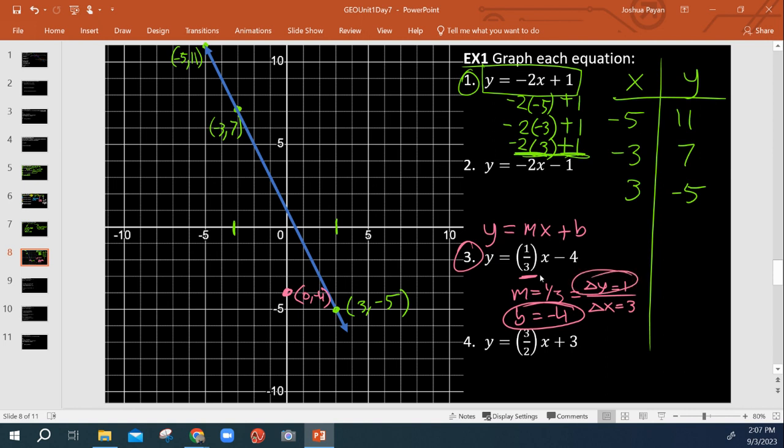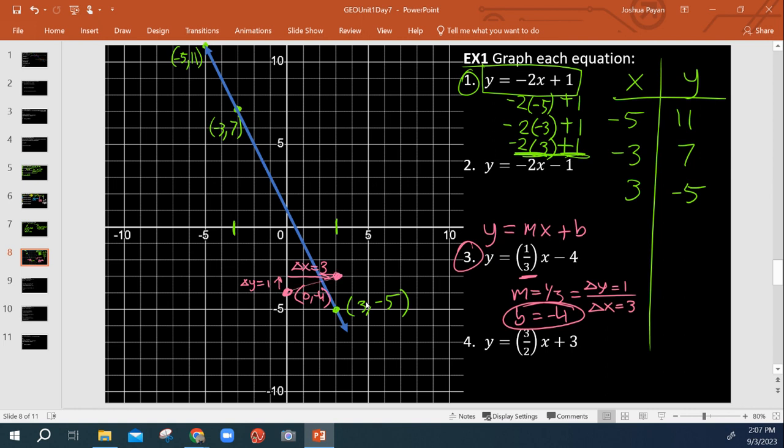So I'm going to count using rise over run. Delta y is +1, and delta x is +3. So my next point is right here.